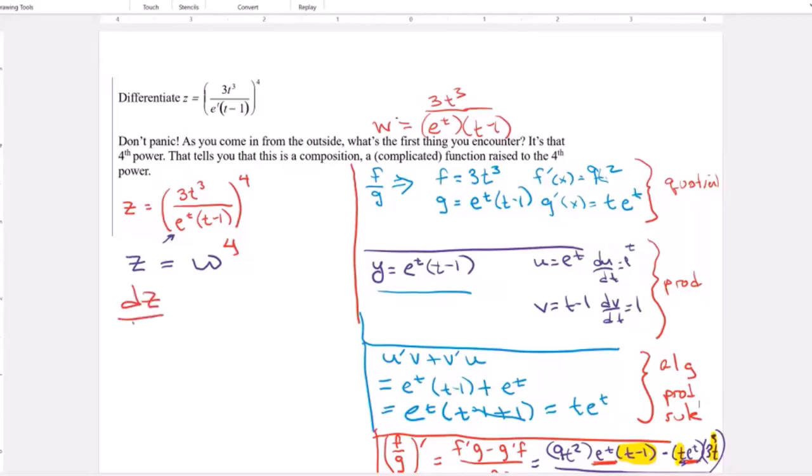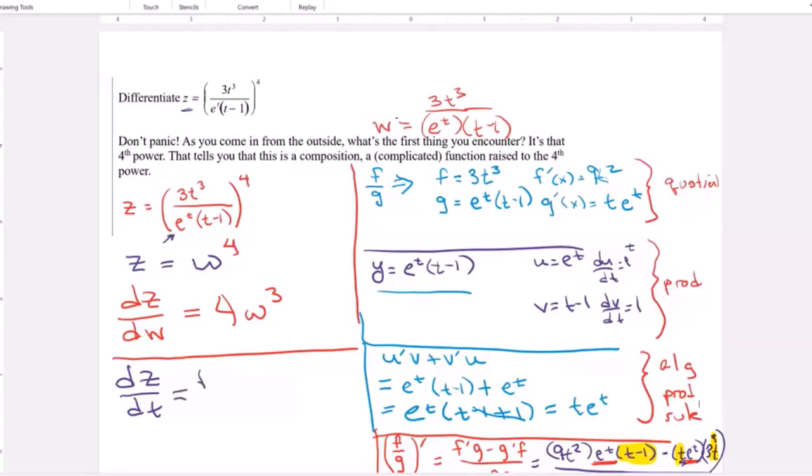dz dw is equal to 4w to the 3rd power. I got lots of chains happening here, so I want to find dz dt because this is my z as a function of t.